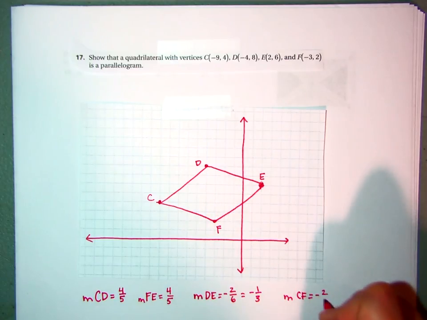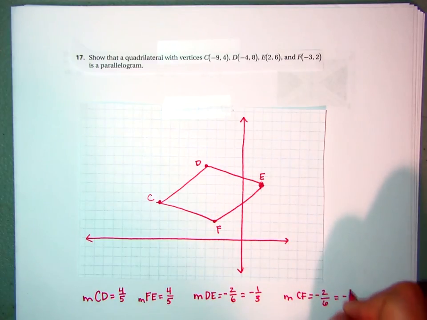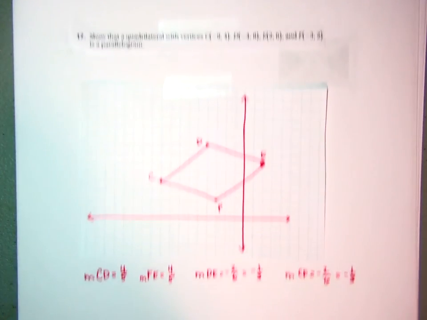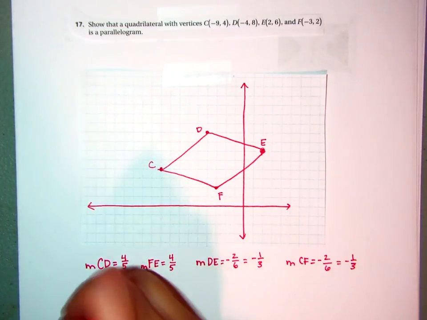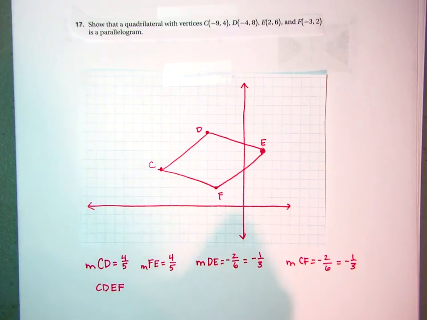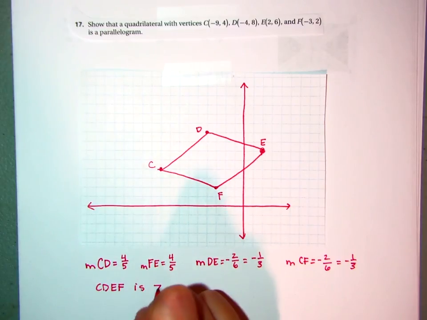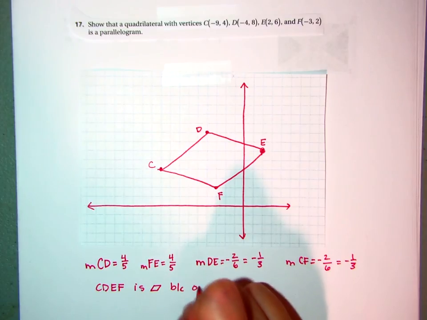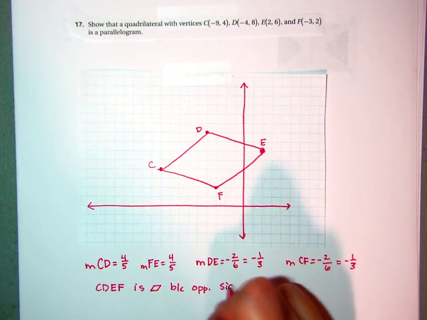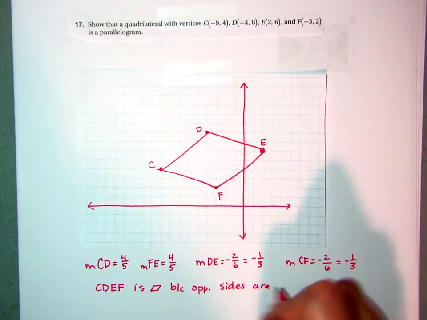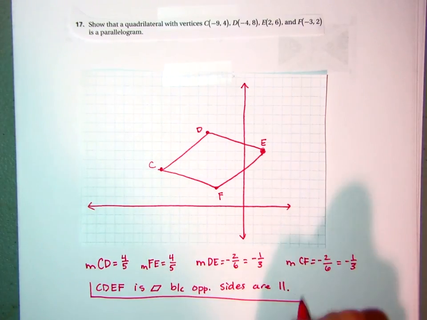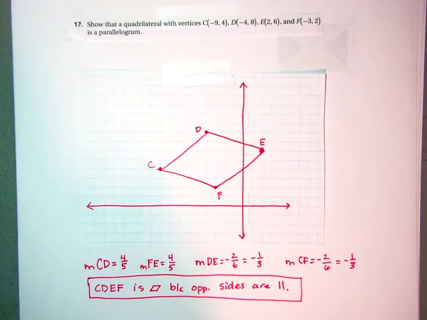So down 2 over 6, which again simplifies to -1/3. So what does all this mean? Well, it means that CDEF is a parallelogram because the opposite sides are parallel, which we showed because we showed that the opposite sides have the same slope.